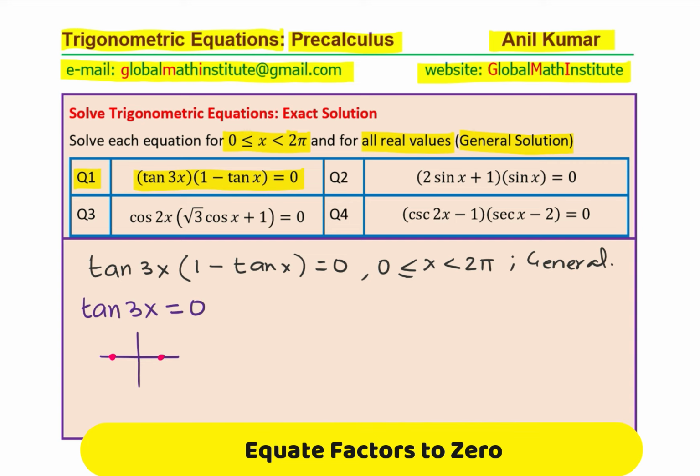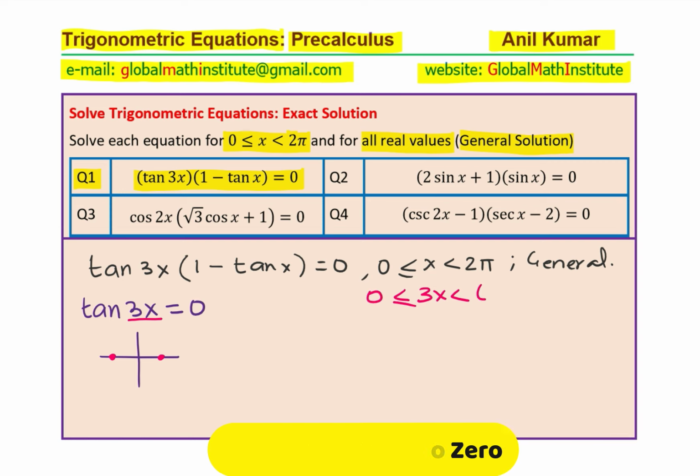Now it is written here, tan of 3x. Remember this part, tan 3x, right? So 3x, and we are looking at this interval, x is between 0 to 2 pi. In that case, 3x will be between what? Times 3 gives us 0 to 6 pi. You get the idea?